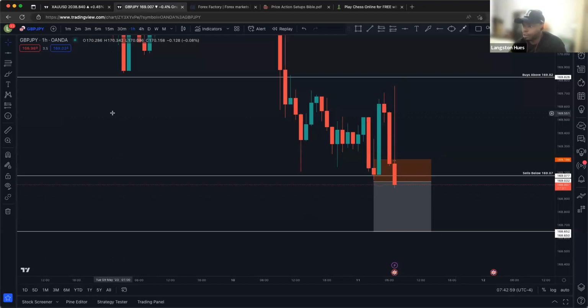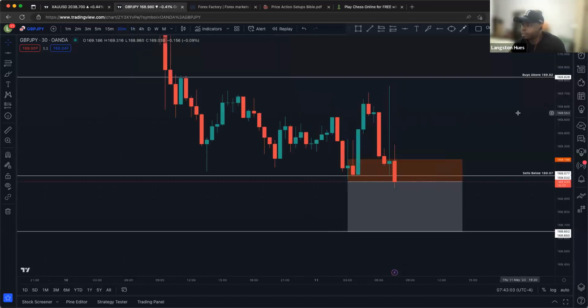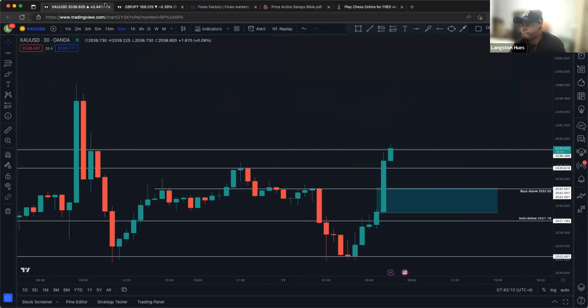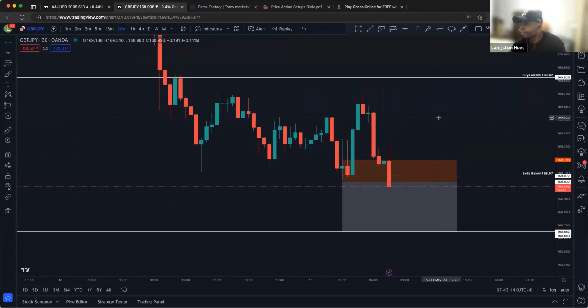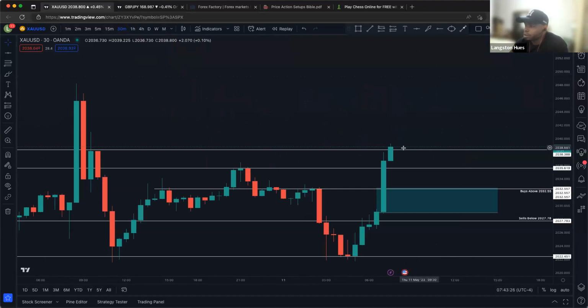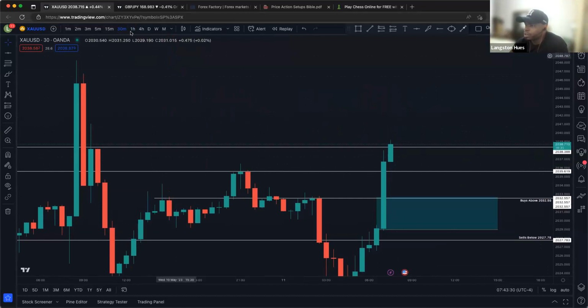I just saw it forming. I still would prefer to wait for a closure, but I think it's going to drive. And gold is going to pump. Still no bottom wick on the 30-minute.